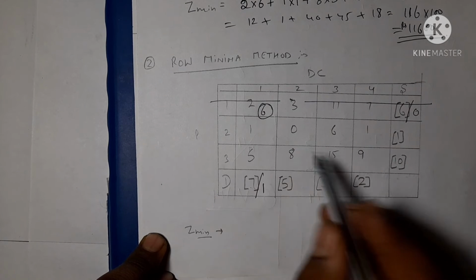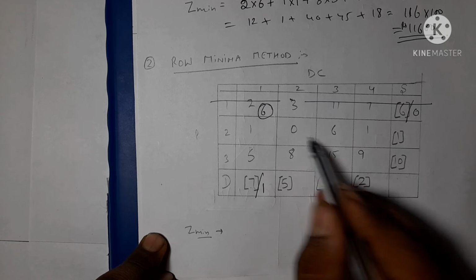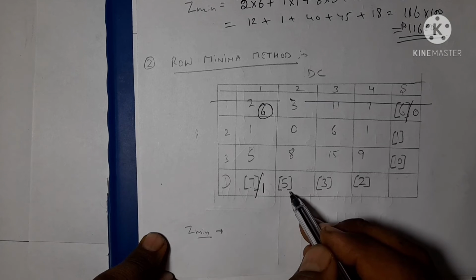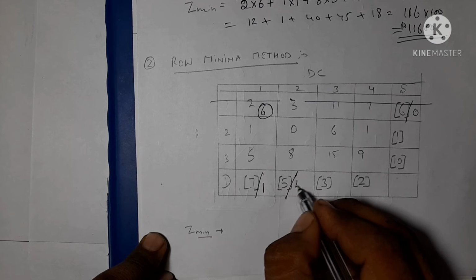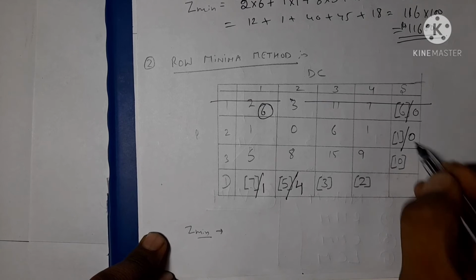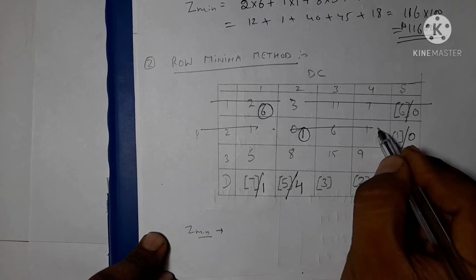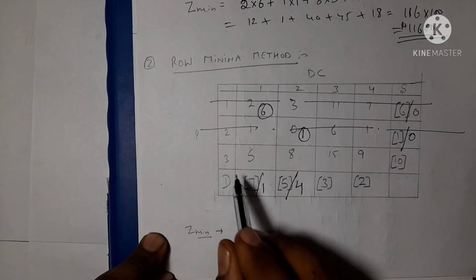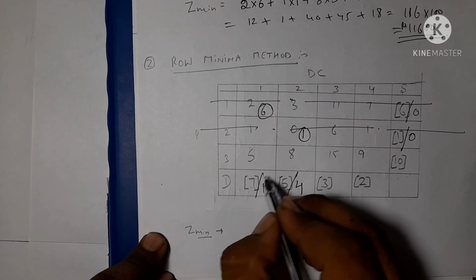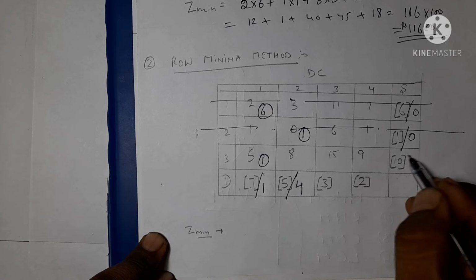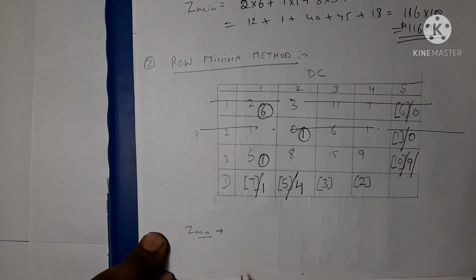Okay, now row minima 0. Here supply is 1, demand is 5. We can satisfy the supply only. It means struck off the row. Now minima is 5. Here demand is 1. Now only 9 is left.